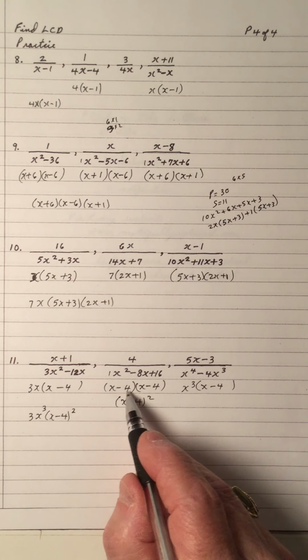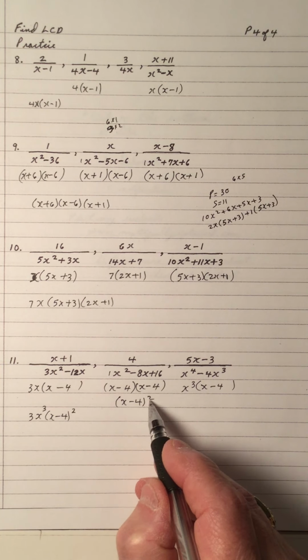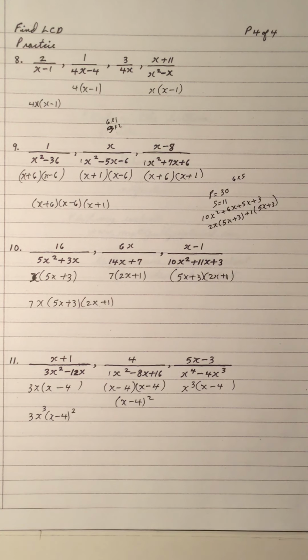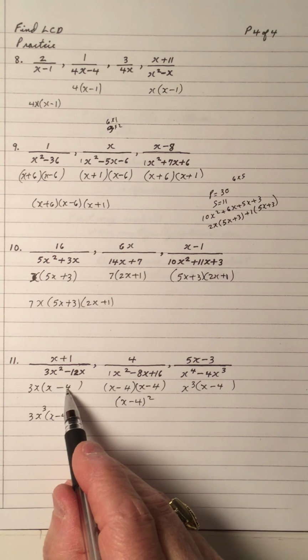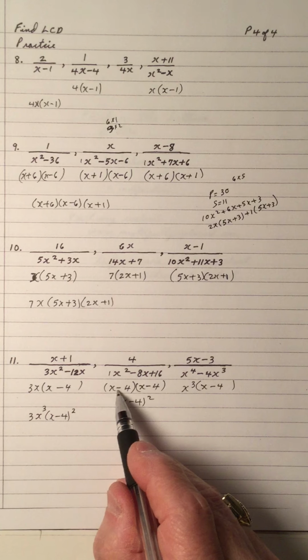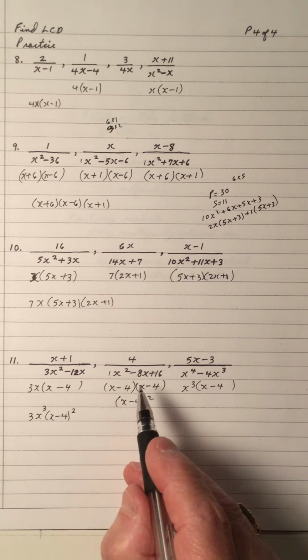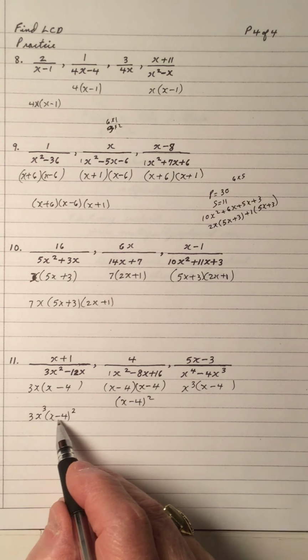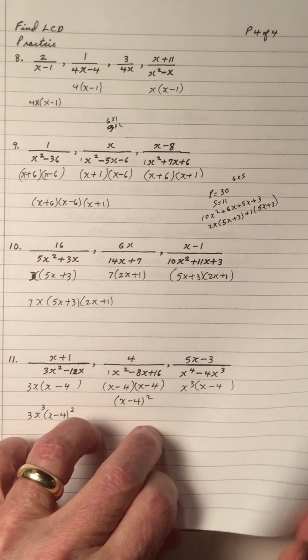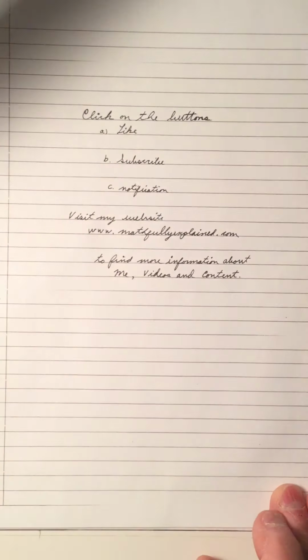What about if you didn't write x minus 4 squared, like I did? Well, you got 1 x minus 4 here, you got 1 there, but you got 2 here. But the LCD got to have the 2 of these. So therefore you got to write down x minus 4 times x minus 4, which is x minus 4 squared. So that's factoring denominators to find the LCD.